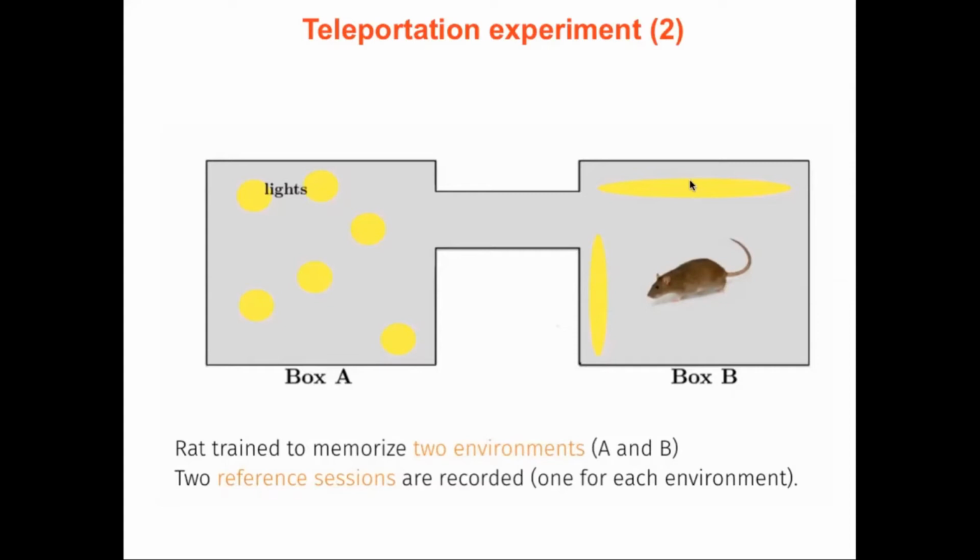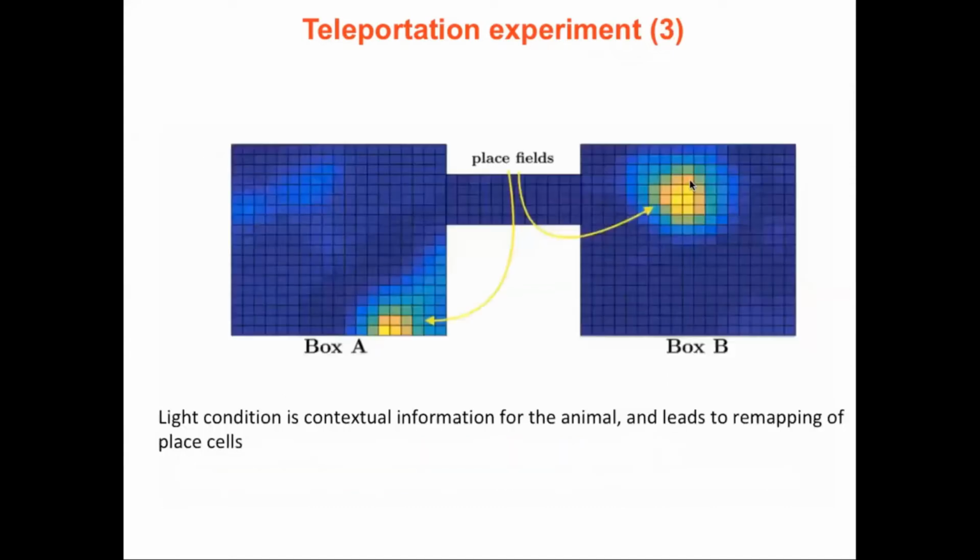The animal, the rat, is trained to memorize these two environments, A and B. Karel and collaborators first recorded reference sessions where the animal was located in one box or the other. And it could then wander freely from one box to the other.